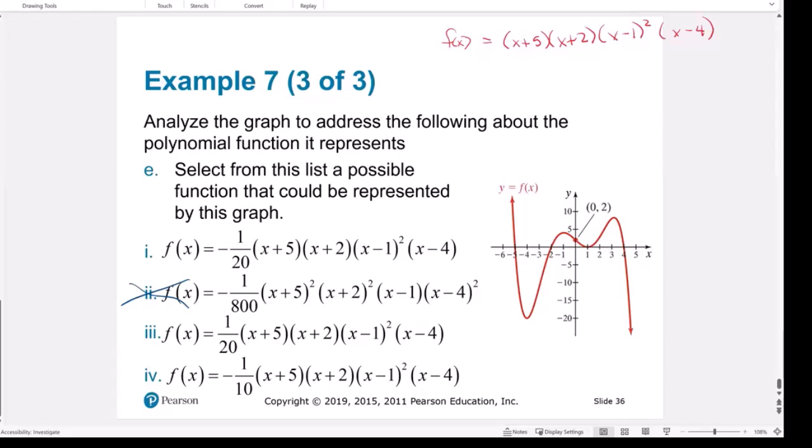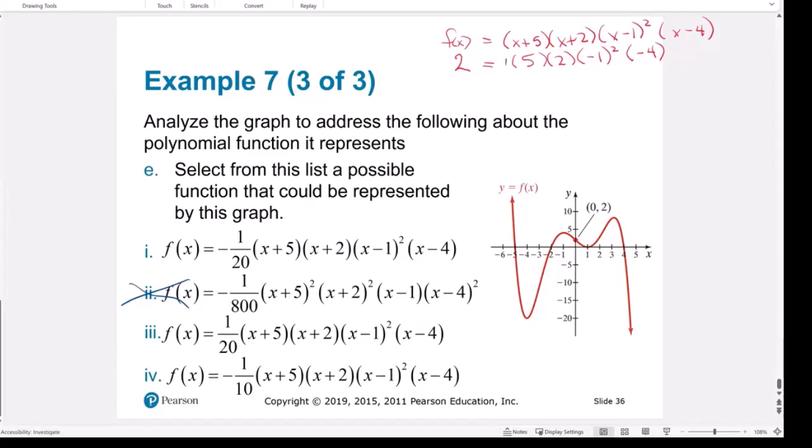If I pick that point 0, 2, that means that y is 2 and all the x's are 0. So I have 5 times 2 times -1 squared times -4, because all the x's are 0.